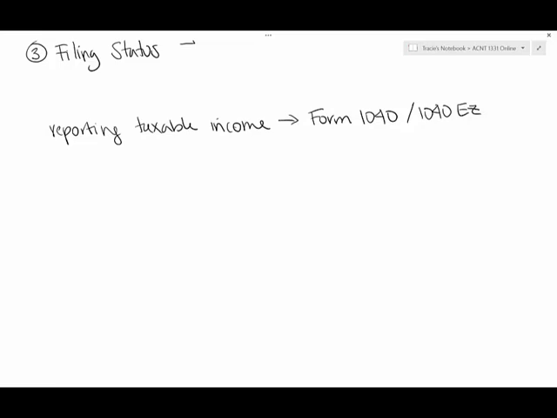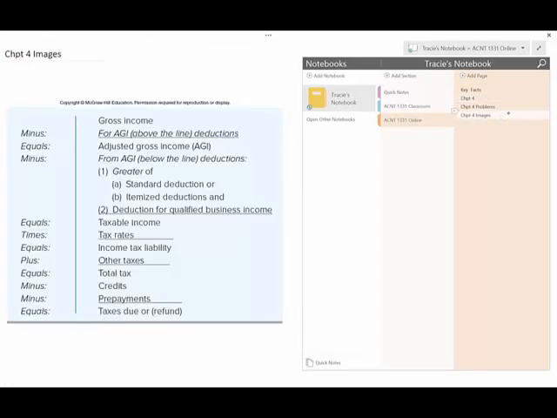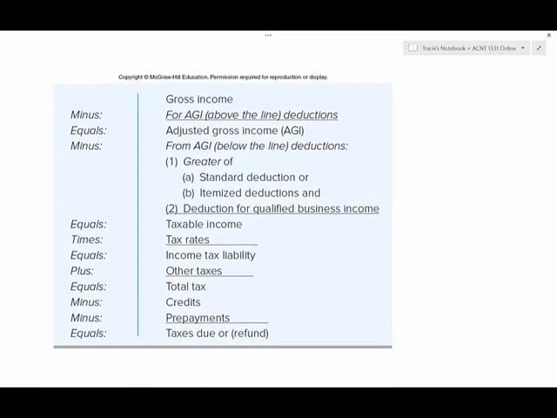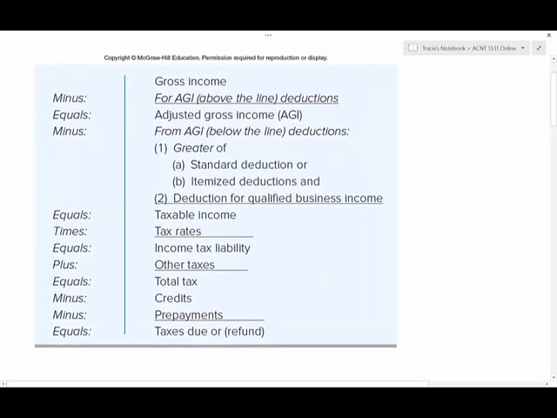report taxable income. Now, in your textbook you'll find an exhibit that includes the tax formula, and this is the tax formula that we're going to go over in this video. We are always going to start with our gross income.